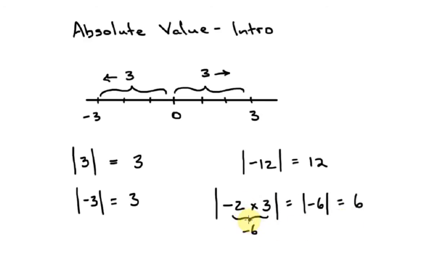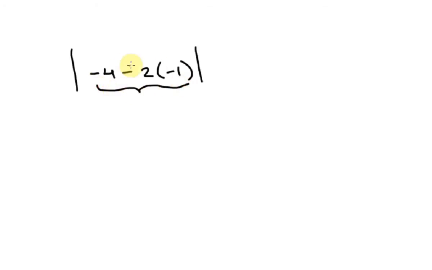Let me just show you where sometimes students can make a mistake. Say you had a little bit more to it here. Say you had all this going on. Don't do anything with these negative signs first. First things first, you want to evaluate what number is inside here.